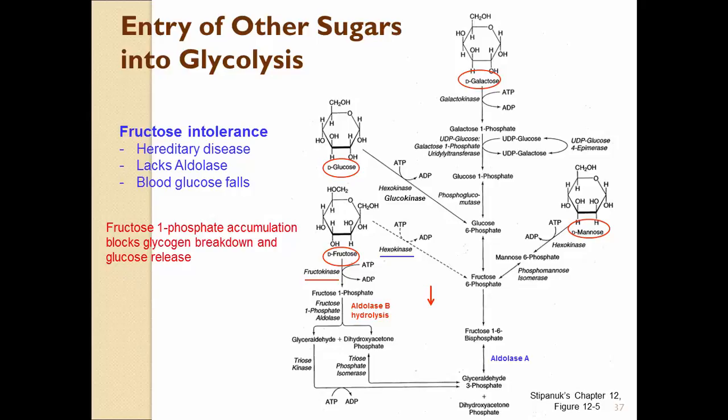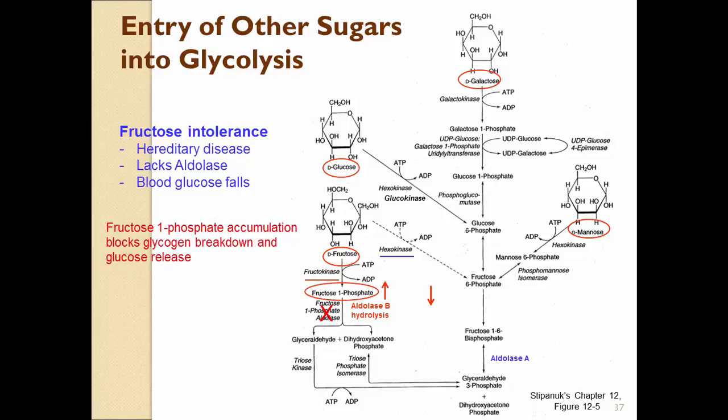Fructose intolerance is a hereditary disease because the patient lacks aldolase B, right? Aldolase is very important here, as it catalyzes the breakdown of fructose 1-phosphate.